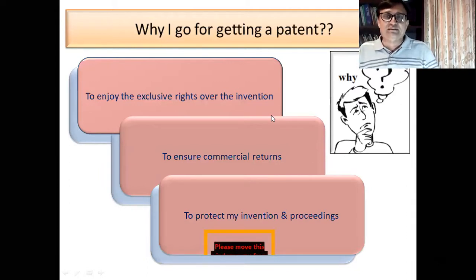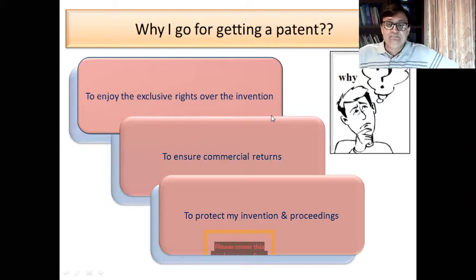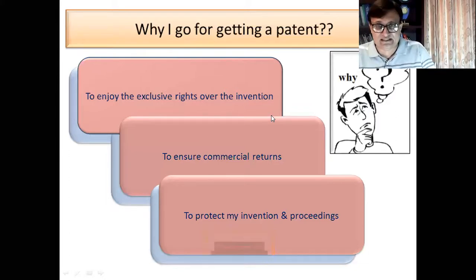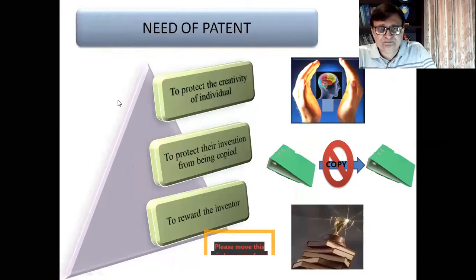Secondly, if you want commercial returns on your invention, it is very much necessary that you get registered under the Patent Act. Your invention must be registered under the Patent Act, and you must get a grant, which means a certificate from the government that this is registered under your name. Similarly, to protect your inventions and proceedings, it is very much necessary to get a patent under the Patent Act 1970.